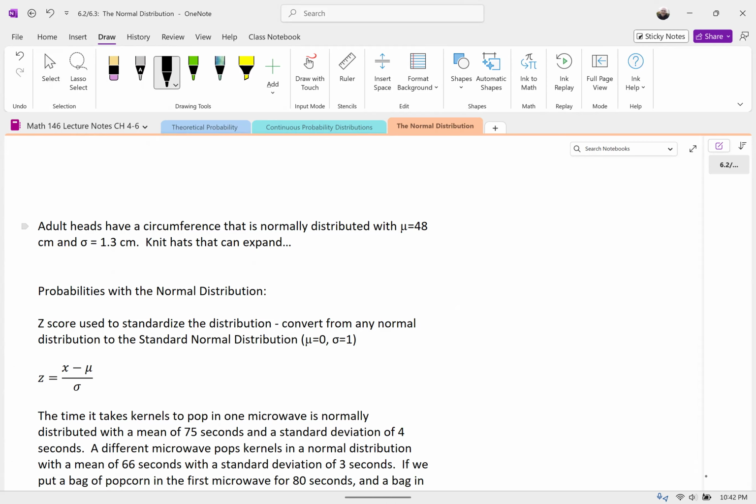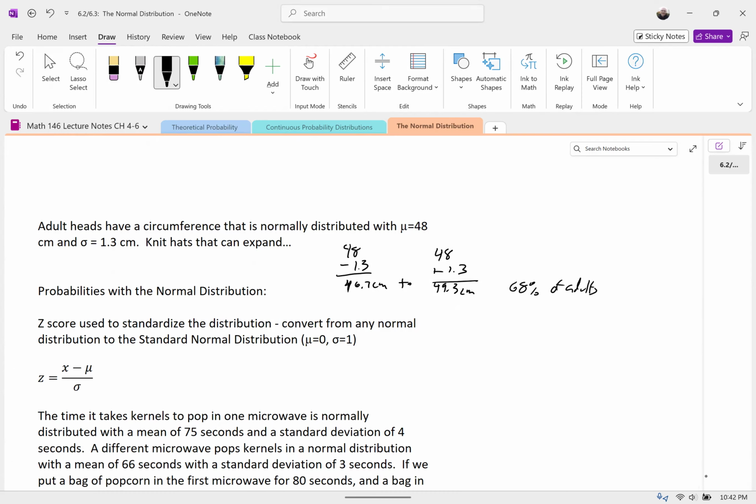So if we can get our knit hats to expand from 48 minus 1.3, which is 46.7 centimeters, to 48 plus 1.3, which is 49.3 centimeters, that'll fit 68% of adults.